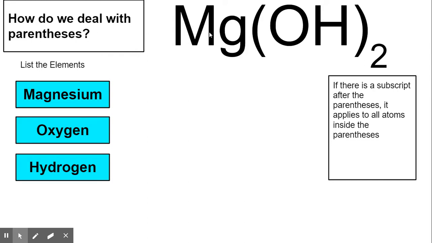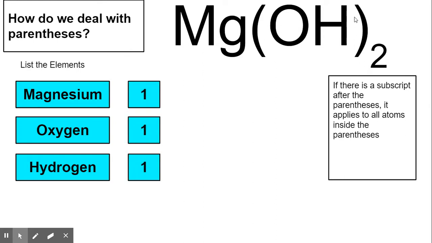So magnesium, what we see is just one of each. And then we have to deal with this subscript here. So again, that subscript only deals with these two. So we only have to multiply these two times that subscript. Notice we didn't have to multiply the magnesium by that because it's not inside the parentheses.